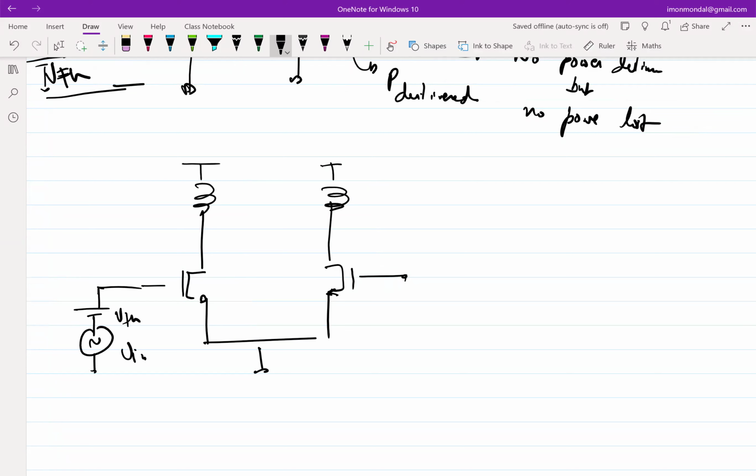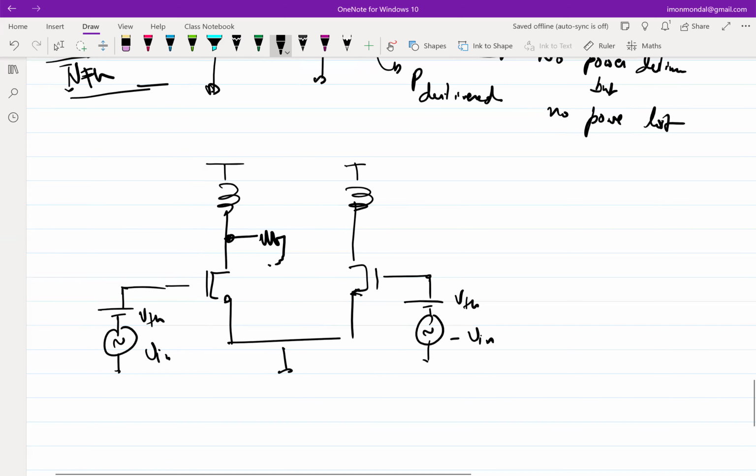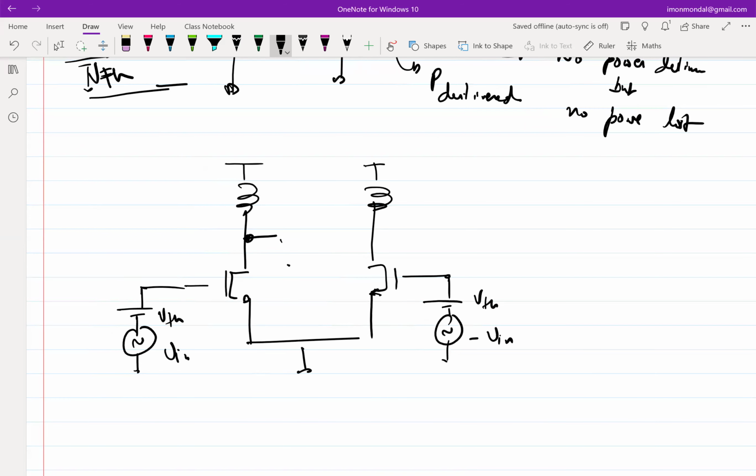V in, minus V in. So if I have a load connected here, and if I have a load connected here, this load is going to see this cycle, this load is going to see this cycle, right? In principle, both of them are going to see the same.